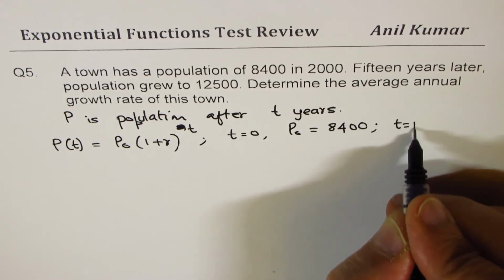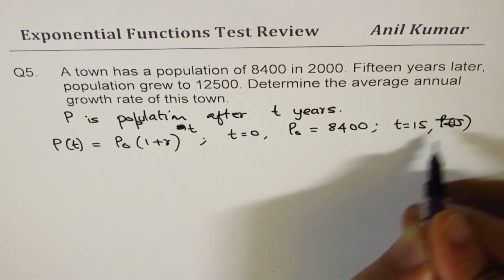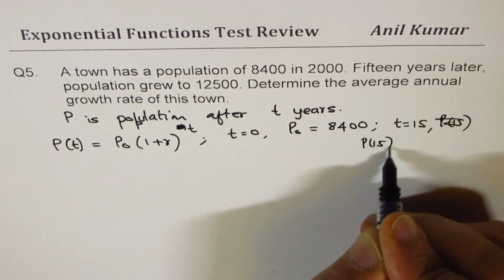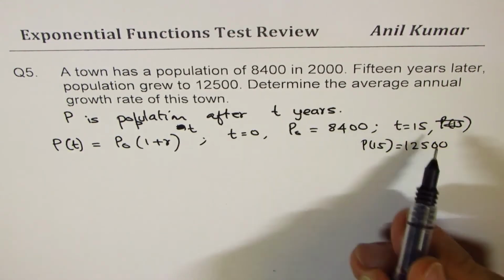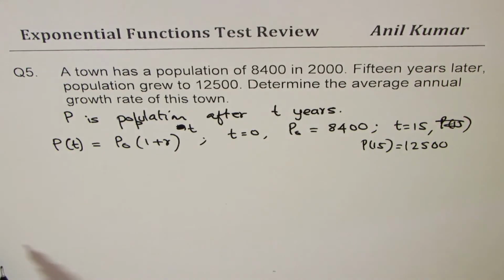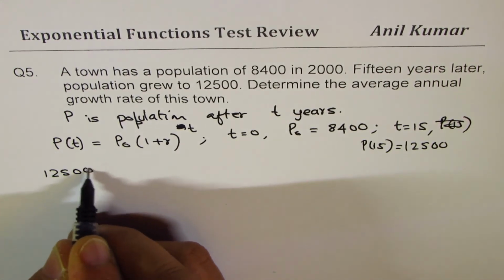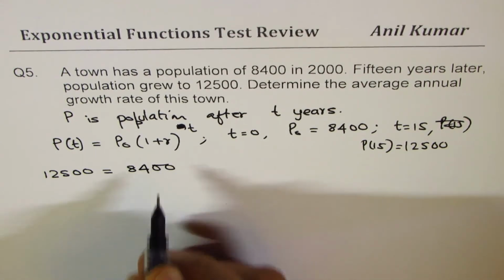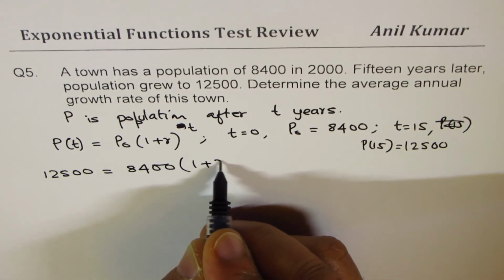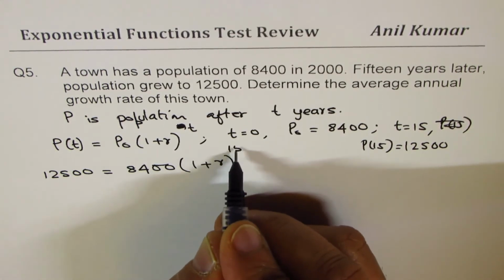And when t equals 15, then the population P15 is equal to 12,500. So let's put these conditions in our equation. So we have 12,500 equals 8,400 times 1 plus r, that is the rate which we need to find, to the power of 15.